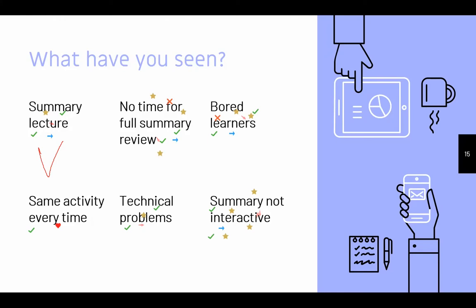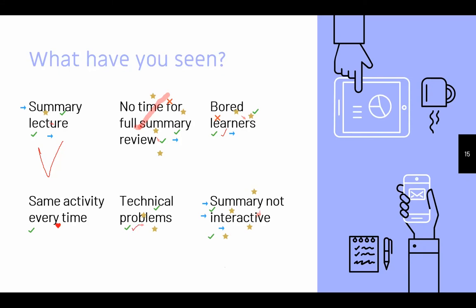So we're seeing a lot of stamps on many of these. So, no time. And we've talked about that a little bit. Bored learners, and then a lot of summaries not being interactive. Those can really go together, and Vicki says bored learners, especially at the end of a training session, people are tired, the energy level can be a little low.